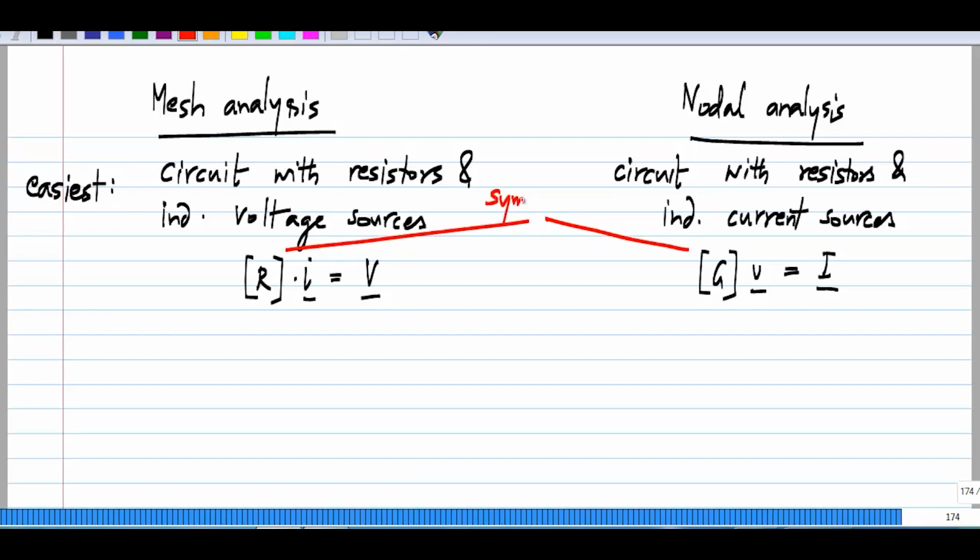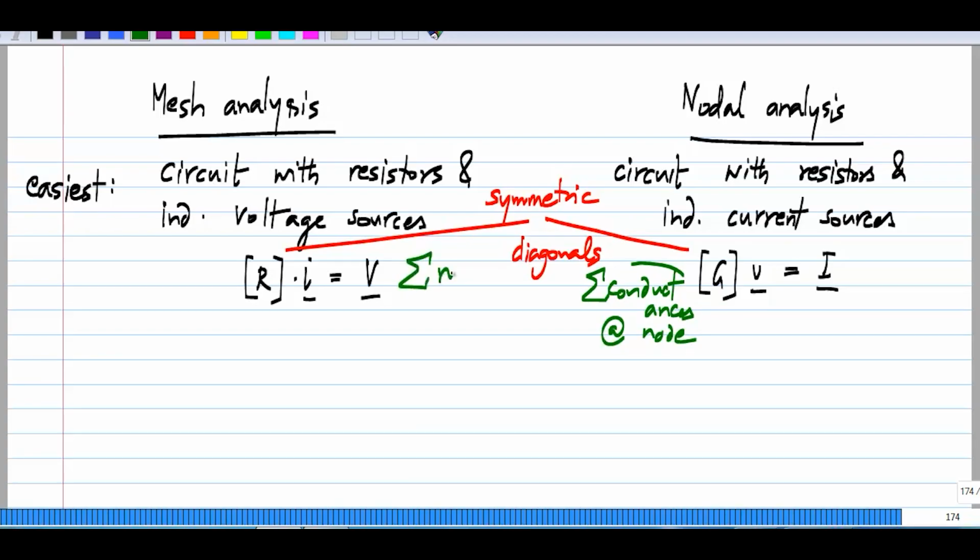They were symmetric, and if you look at the diagonals, in nodal analysis it was the sum of conductances at a node, and in the case of mesh analysis it was the sum of resistances in a mesh, and off diagonal elements were also similar.